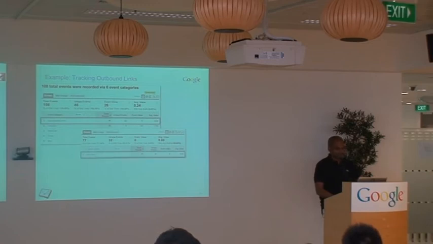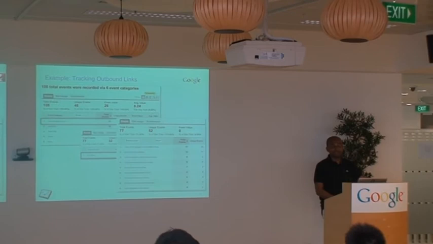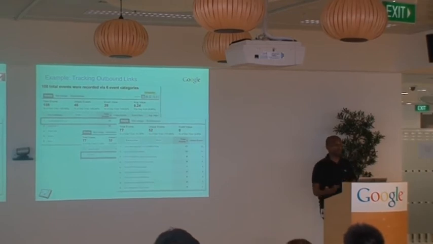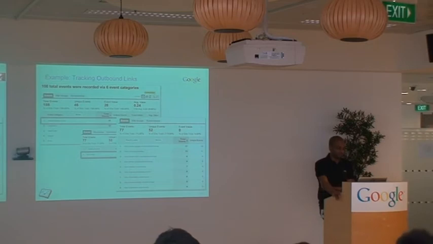I click into that, and then here is where I see the data that I really want to see, which is who's clicking on what. And this gives me some insight into what I should be doing. It was quite interesting for me to see. I just assumed people would rather go to Twitter or Facebook first. But it was interesting to see that people were actually clicking more to my google.com profile or to my blog, which is quite useless because I haven't written anything there for about 2 years.